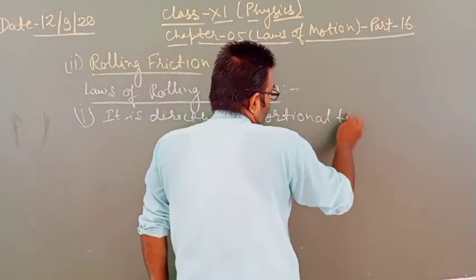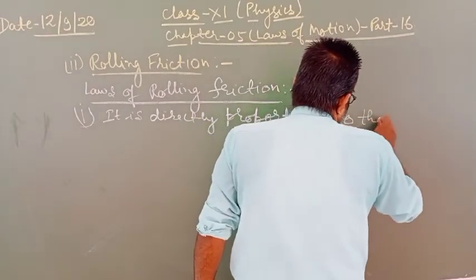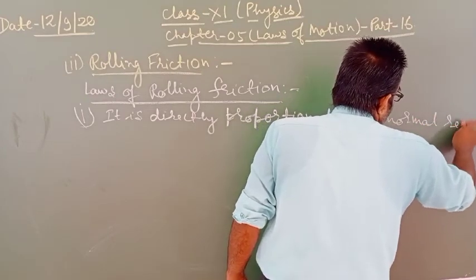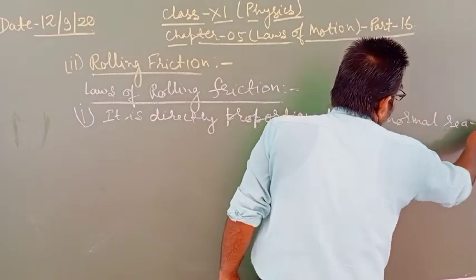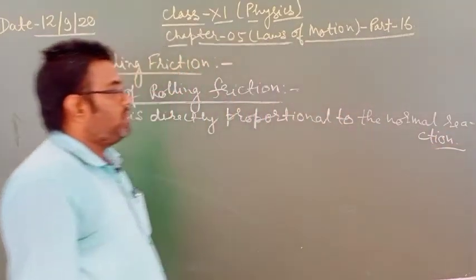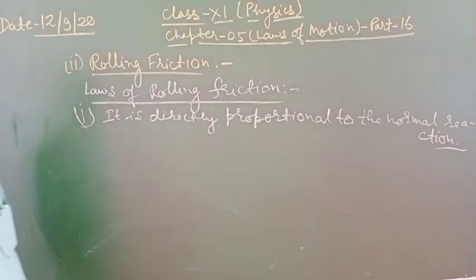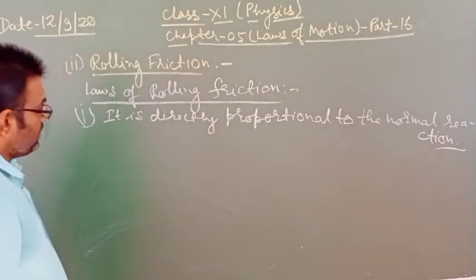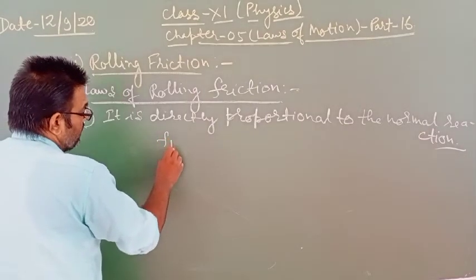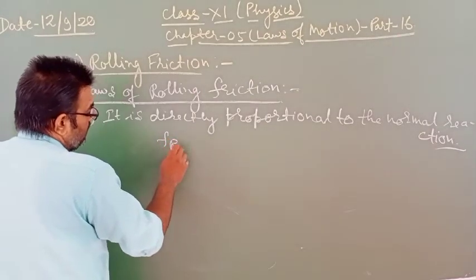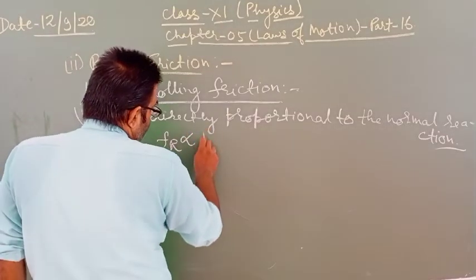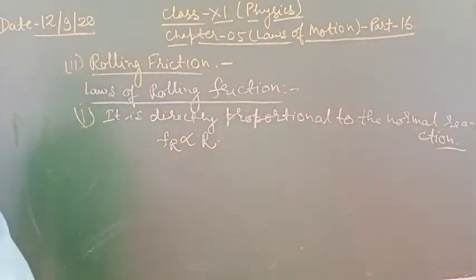It is directly proportional to the normal reaction, and it does not depend upon the area of cross section in contact with the surface. So we can say that rolling friction is directly proportional to the normal reaction.